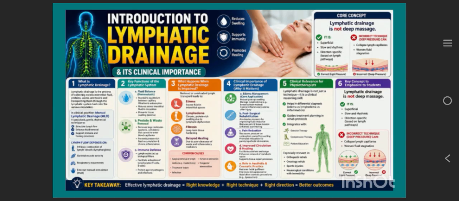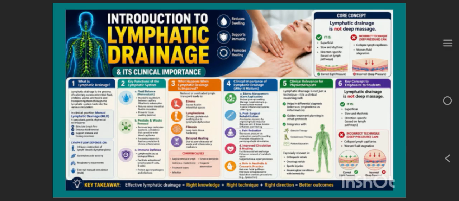Firstly, it helps in differential diagnosis: edema versus lymphedema versus inflammation. Secondly, it guides treatment planning in rehab protocols. Thirdly, it integrates with exercise therapy, compression therapy and patient education.